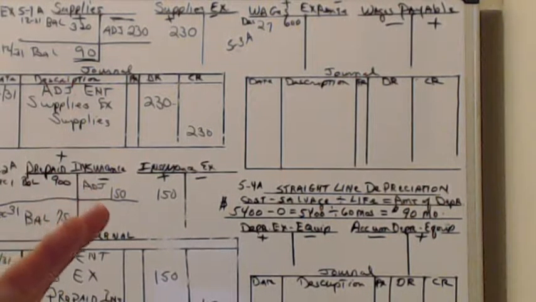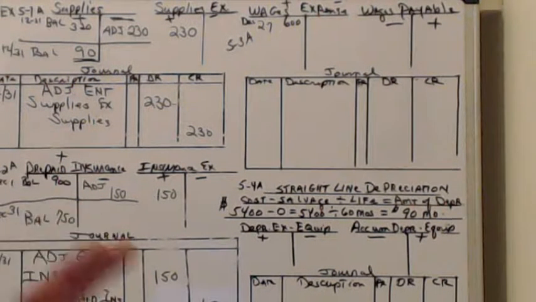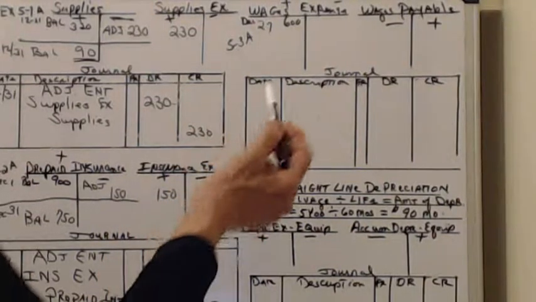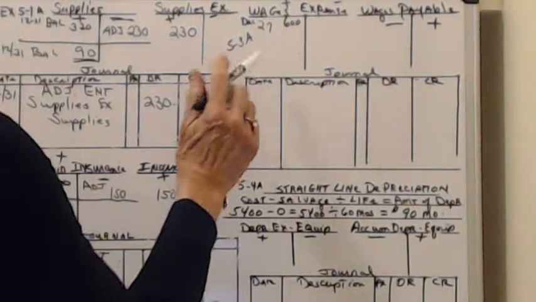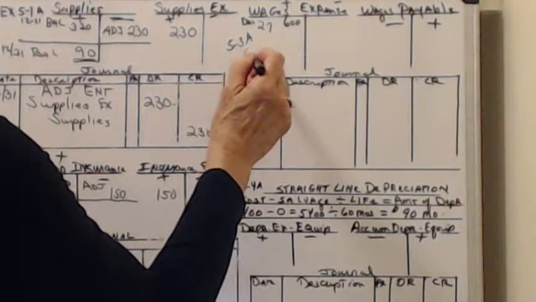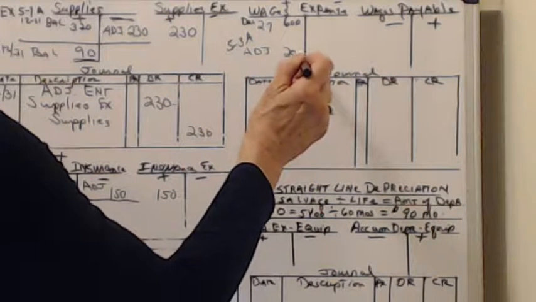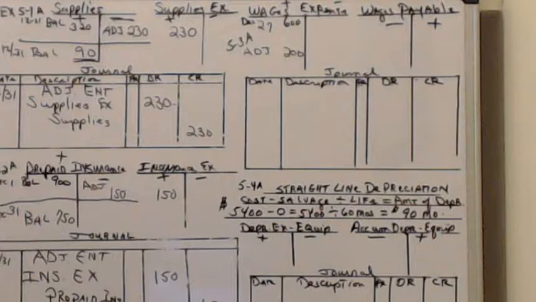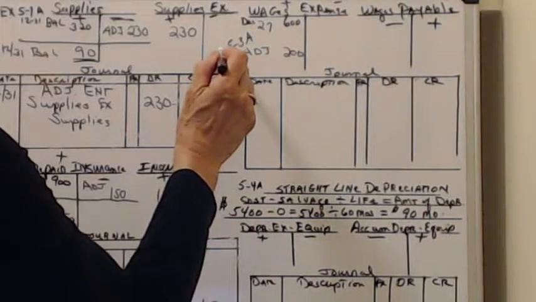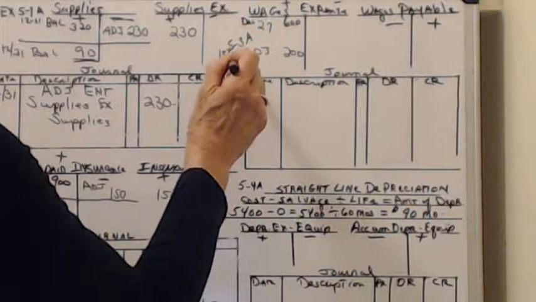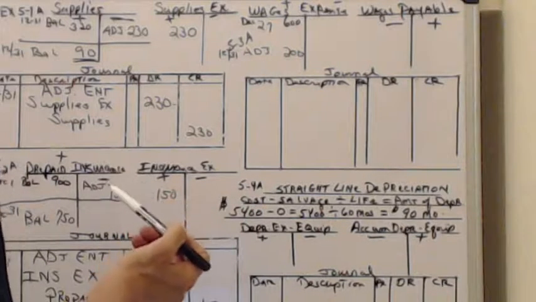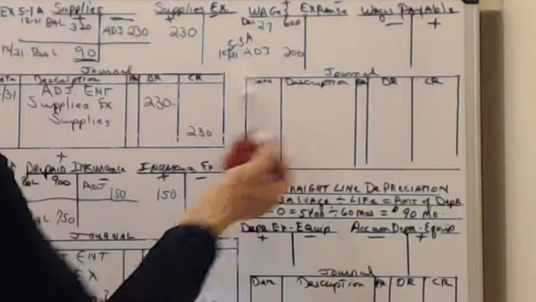$200 more wages were earned in December. So we're going to go to wage expense, and we're going to adjust this account by adding $200 to wage expense for the month of December. So that would be December the 31st. I'm adding $200 more that they earned in the month.